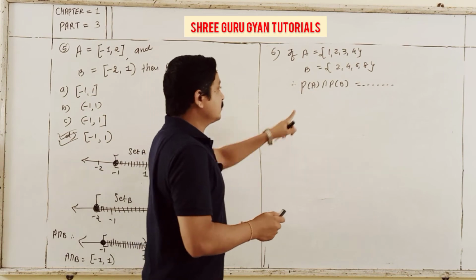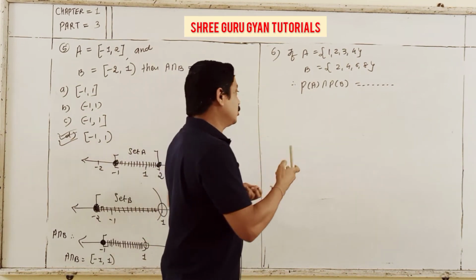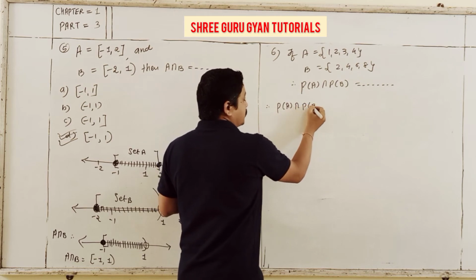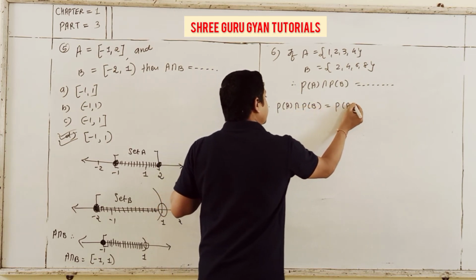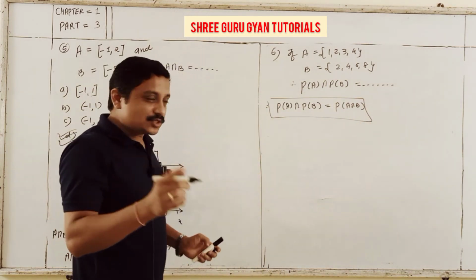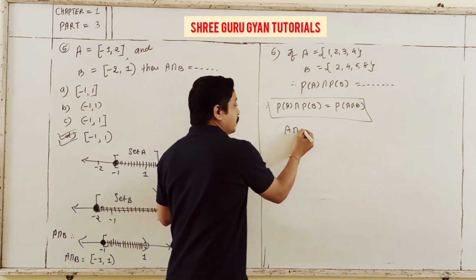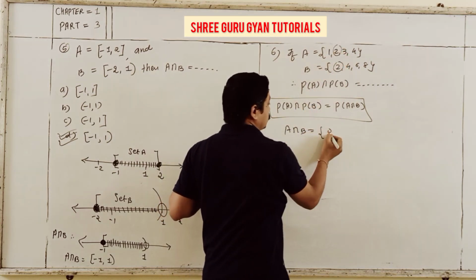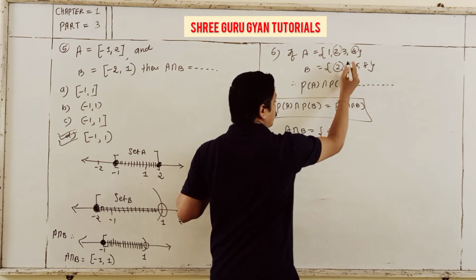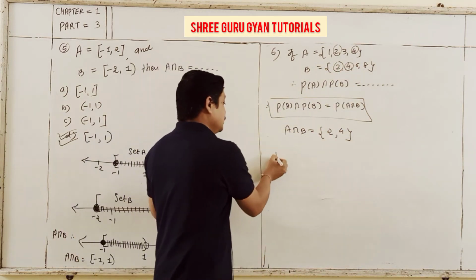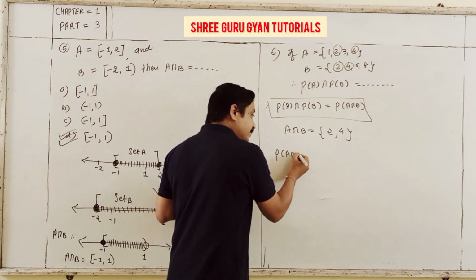So very easy. Here you just write the formula: P of A intersection P of B, which is equal to P of A intersection B. That's already a short formula. So I only calculate A intersection B. The common intersection is 2, 4. Next, take P of A intersection B. So P means power set.